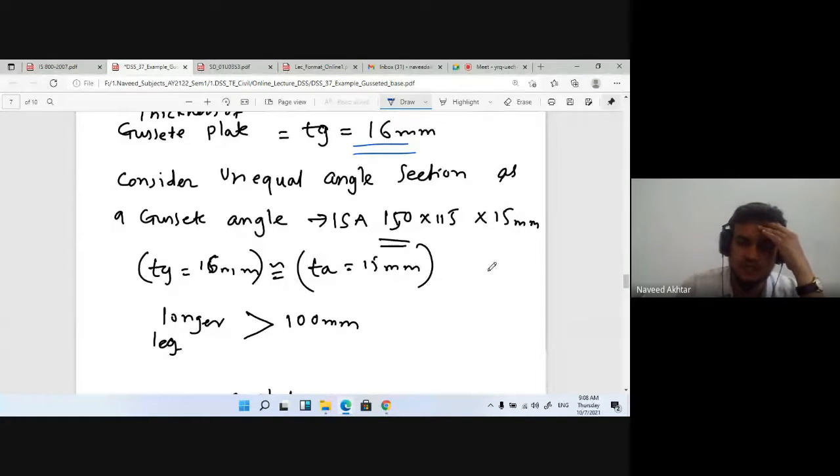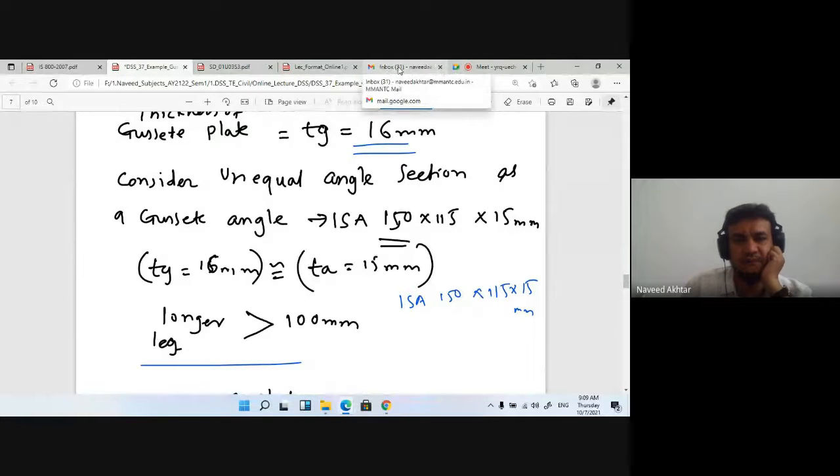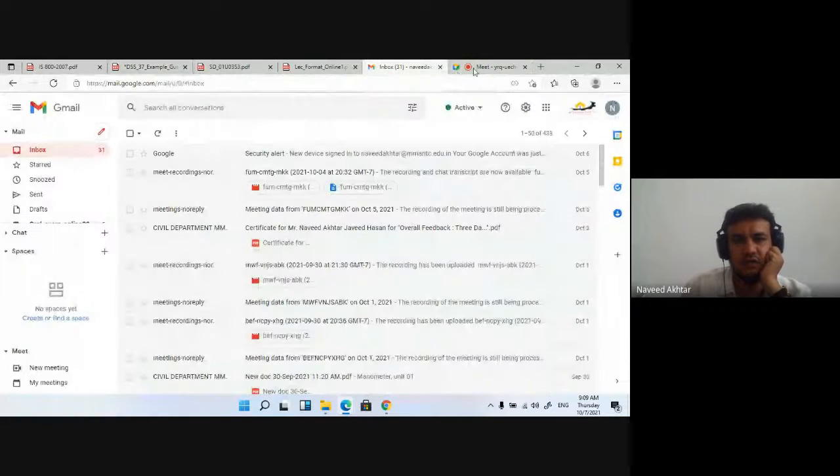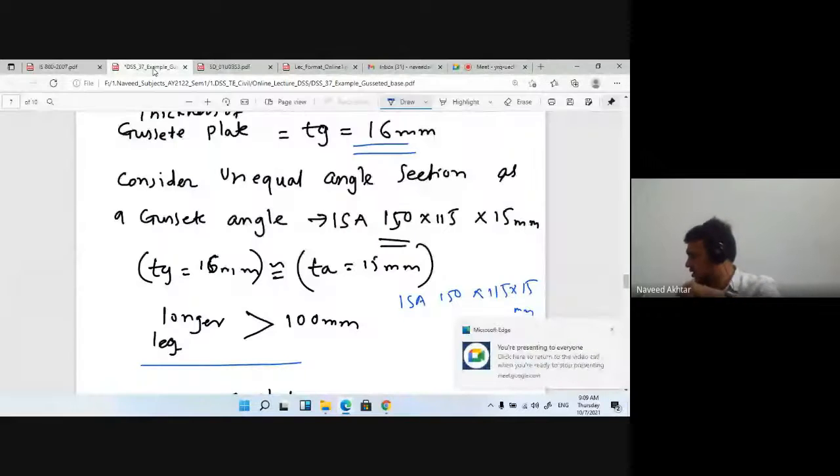So we have chosen ISA 150 by 115 by 15 mm from the steel table or IS 808. The check is that the longer leg should be greater than 100 mm for the requirement of the connection.